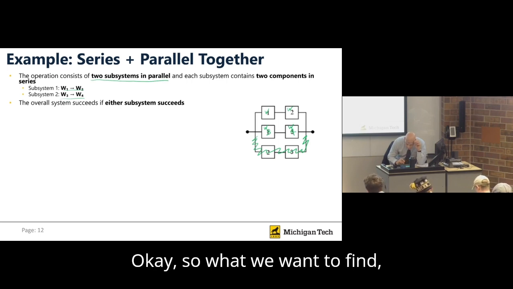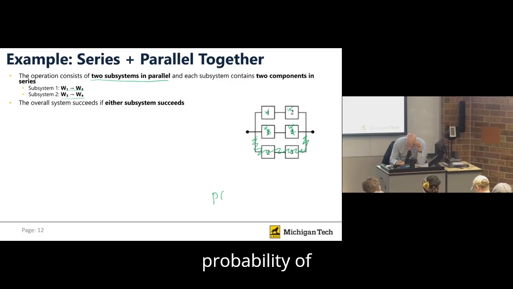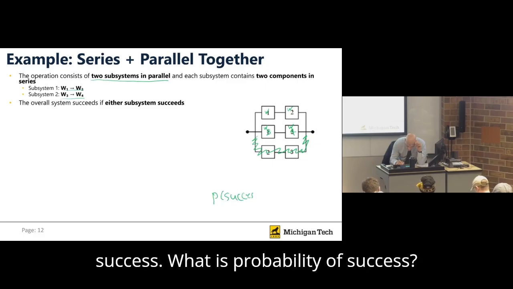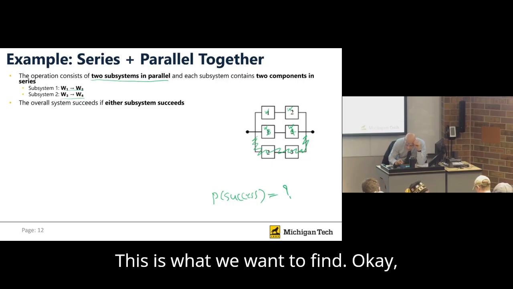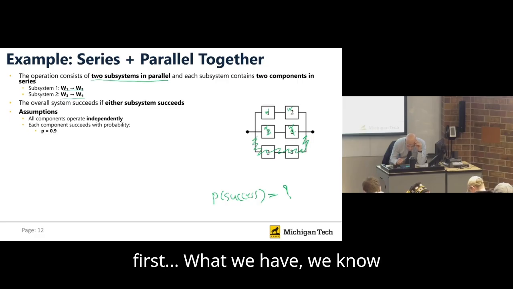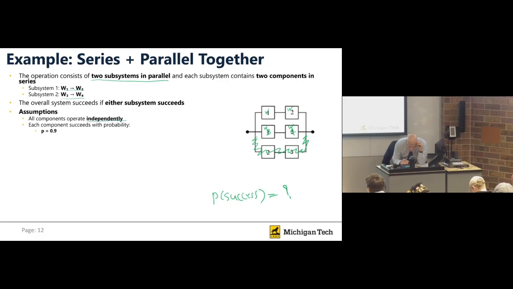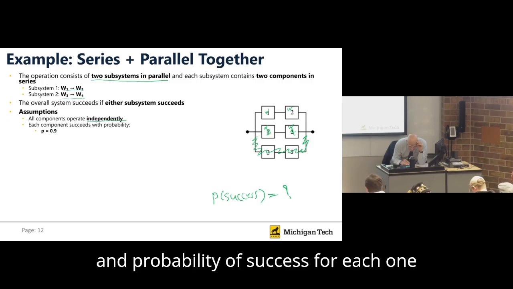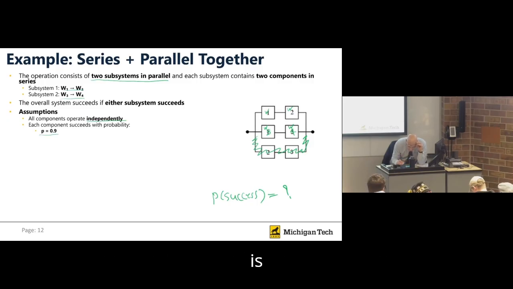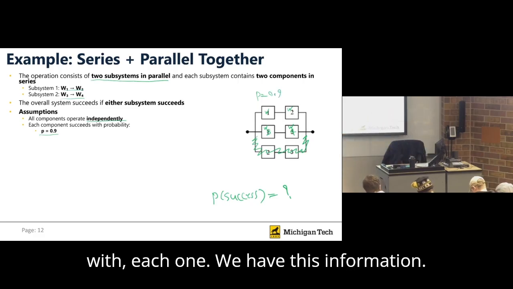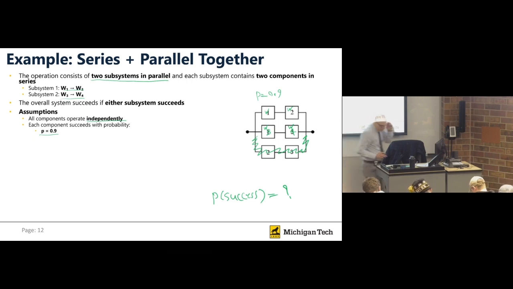So what we want to find is the probability of success. We know that these components are independent and the probability of success for each one is 0.9, 90% they work well.